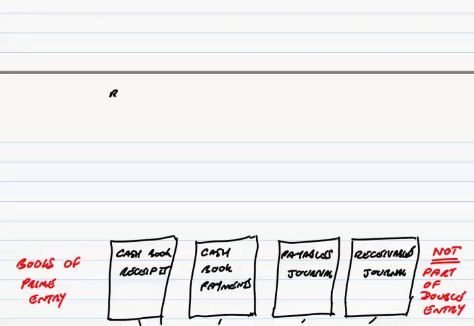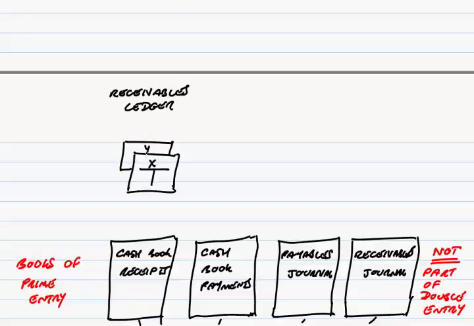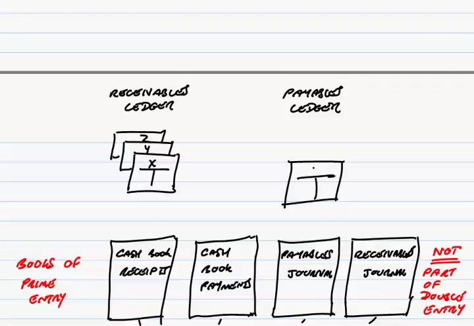We'll have a receivables ledger where we'll have a whole load of accounts for Mr. X, Mr. Y, Mr. Z, and so on. And we'll have a payables ledger where again we'll have accounts for all the suppliers, Mr. A, Mr. B, Mr. C, and so on.